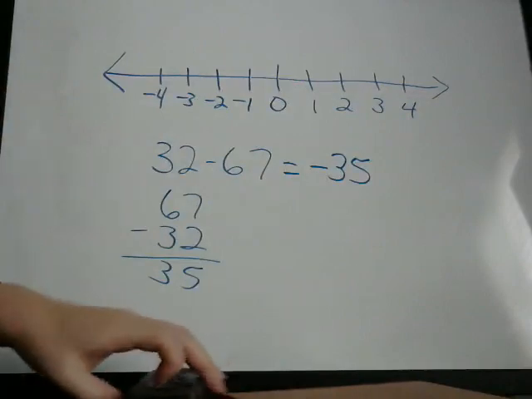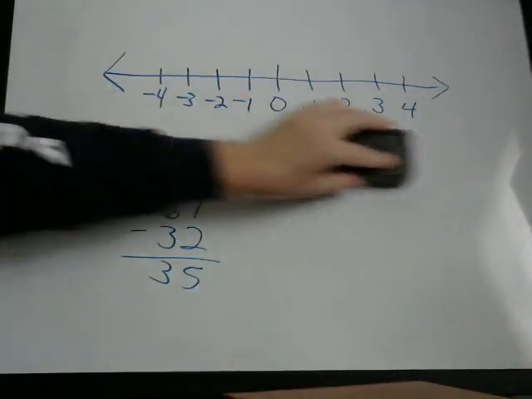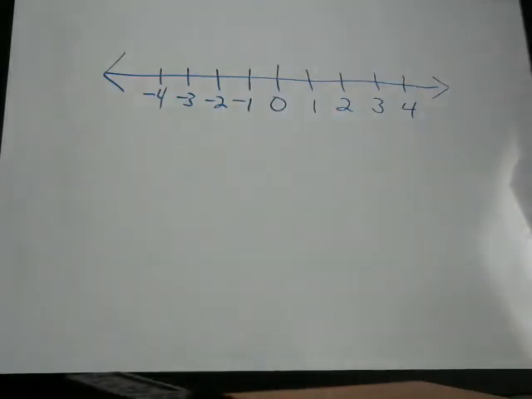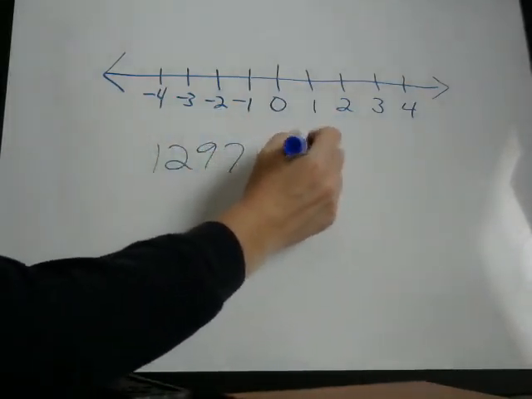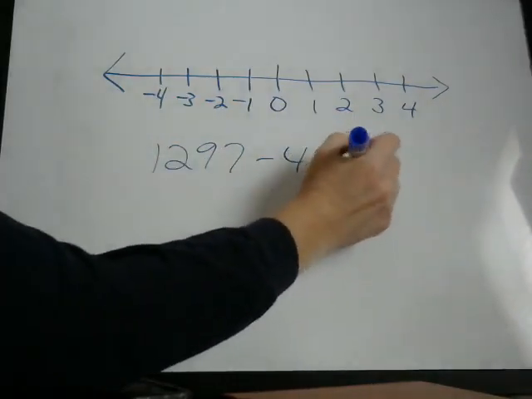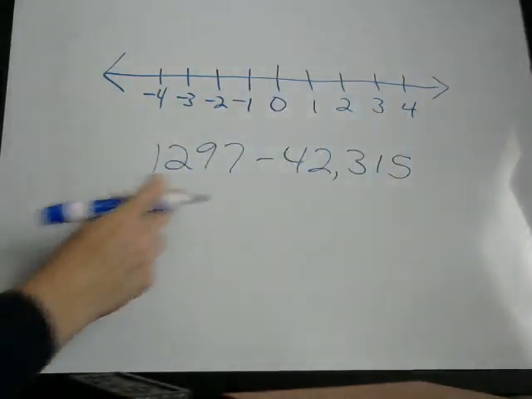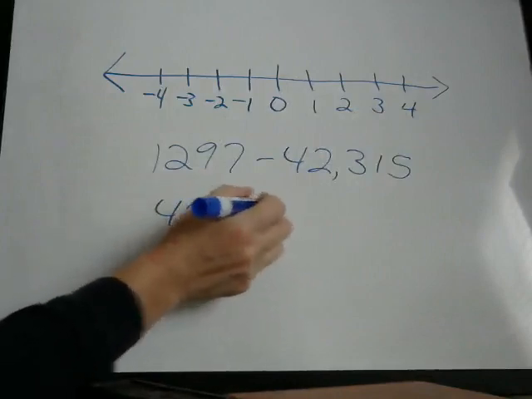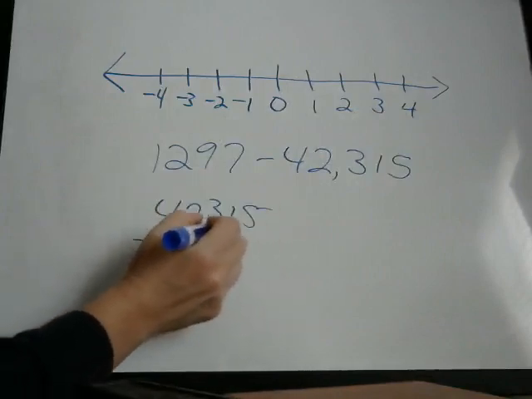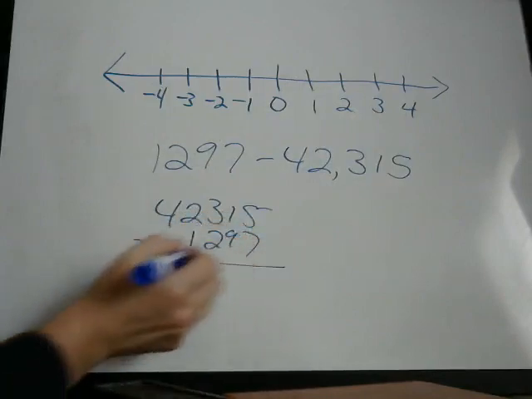And so this works for essentially any size number you want. 1,297 minus 42,315. So the way, again, we think about this is 42,315 minus 1,297.